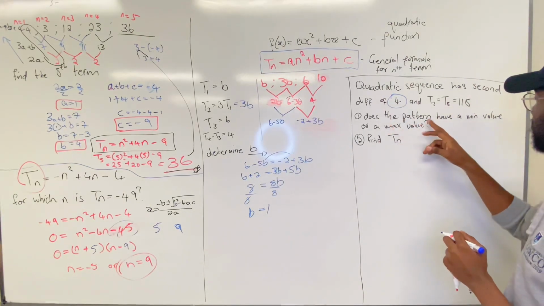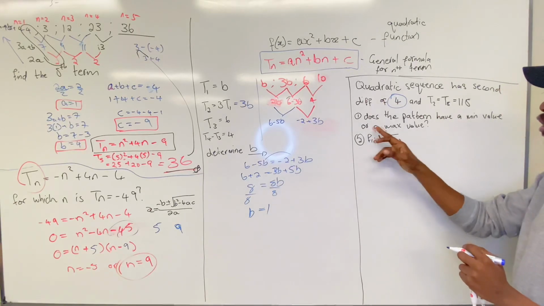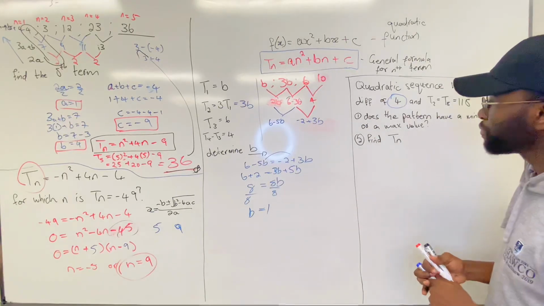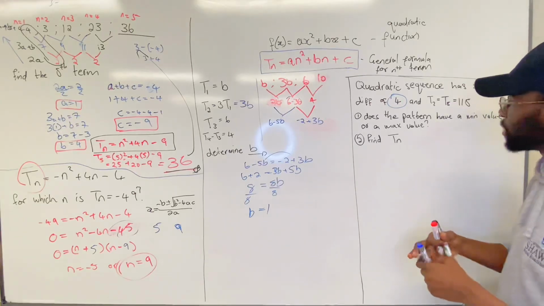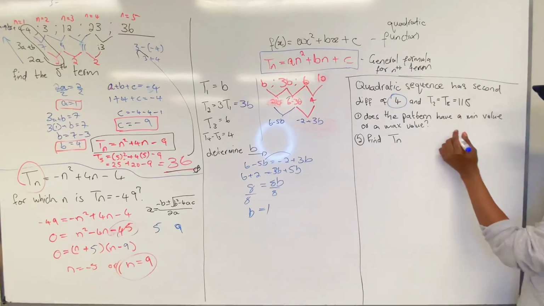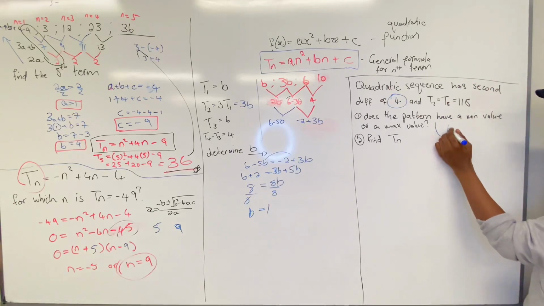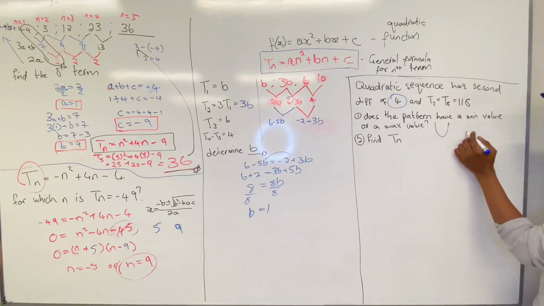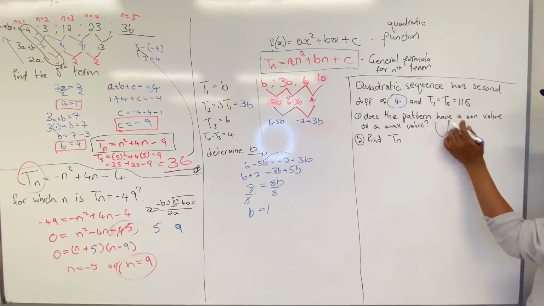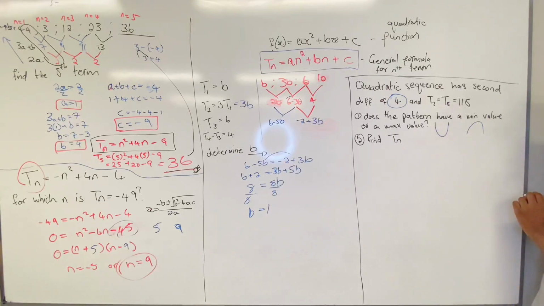So does the pattern have a minimum value or a maximum value? By minimum or maximum value, what they mean is that in a quadratic function, you'll either have a function that is concave up or one that is concave down.